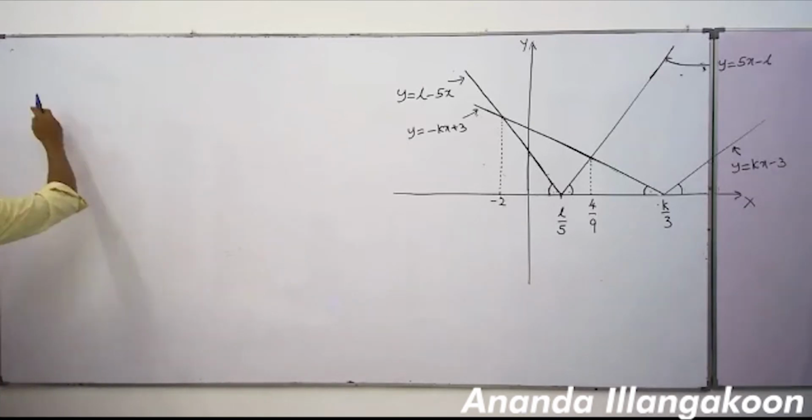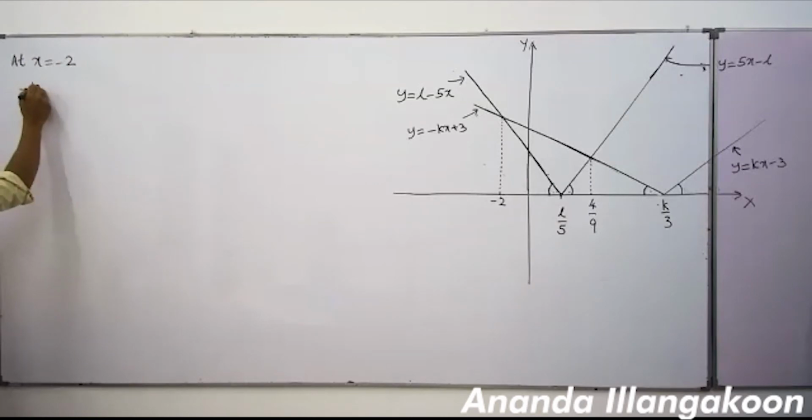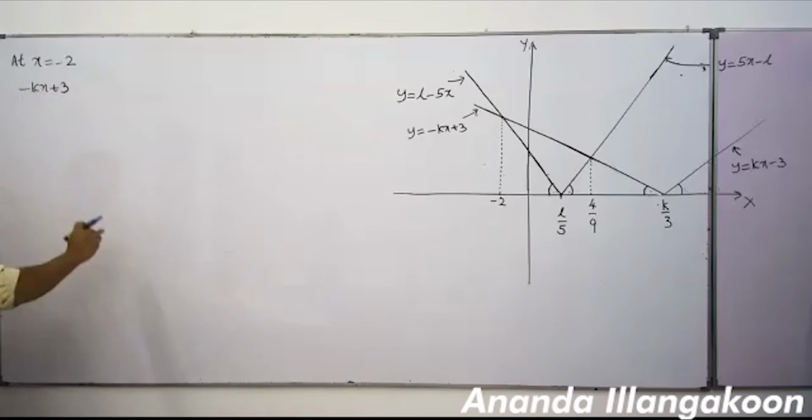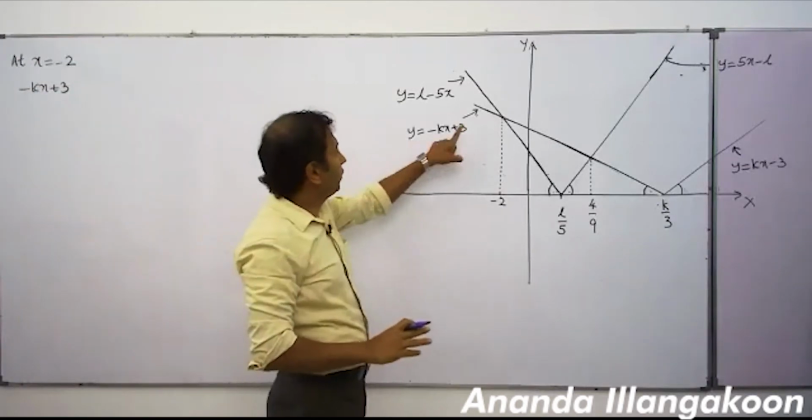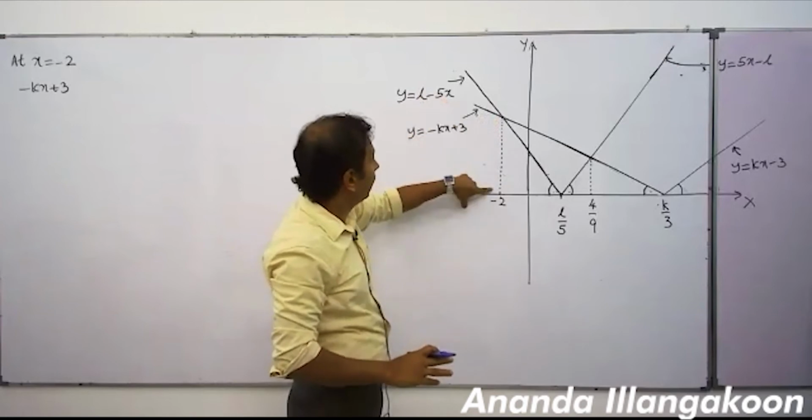Right, you can now write at x equals minus 2, minus kx plus 3. That means the y of this, that means this height, equals L minus 5x, the same height.